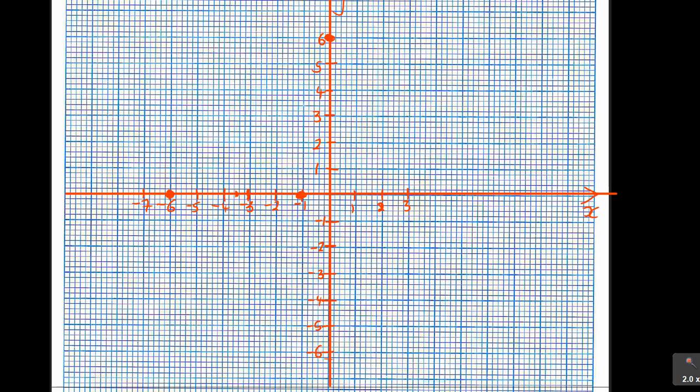Now if I go this way, and I have minus that one going down, just to show you in your own way, you'll be using a calculator and a ruler.